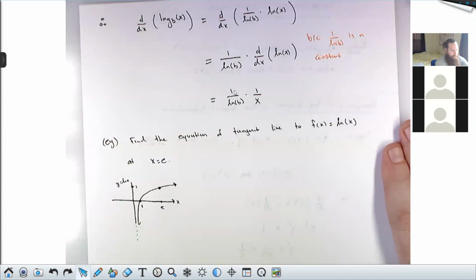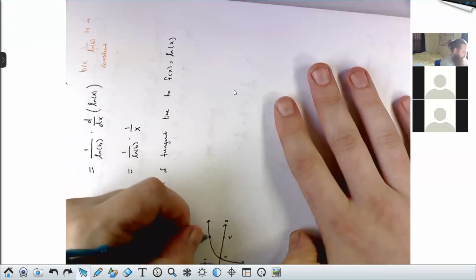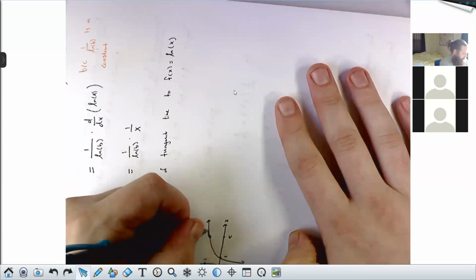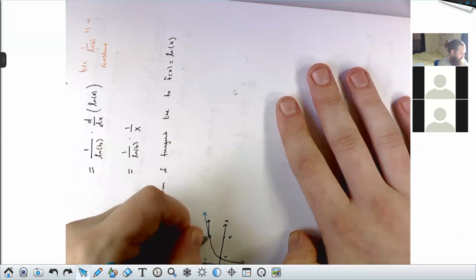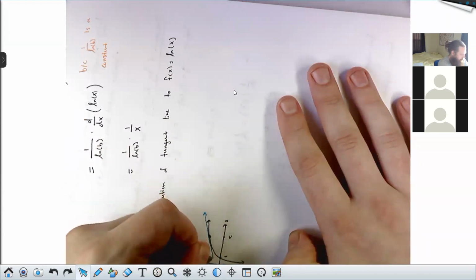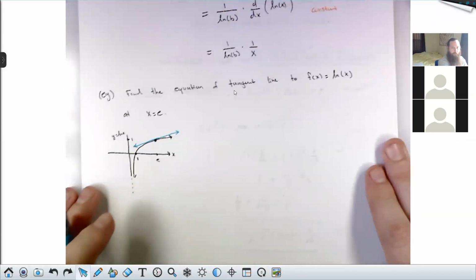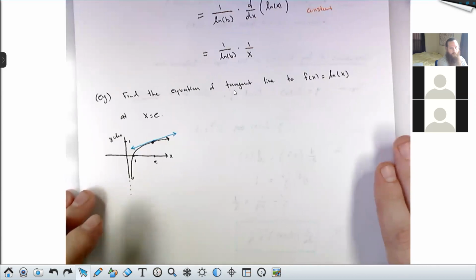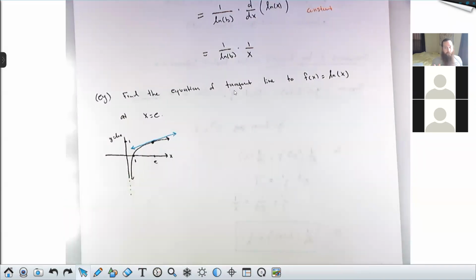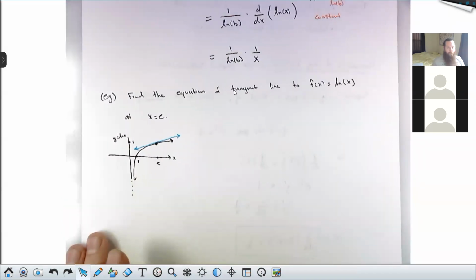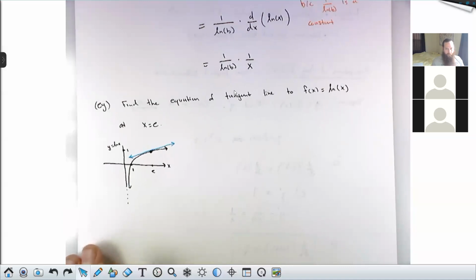And the tangent line that I'm looking for there is this one, right? So you got to know what the graph of the natural log looks like. And I don't say that to be mean to you.